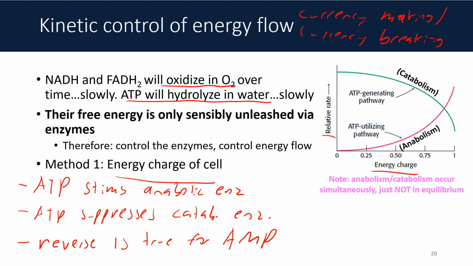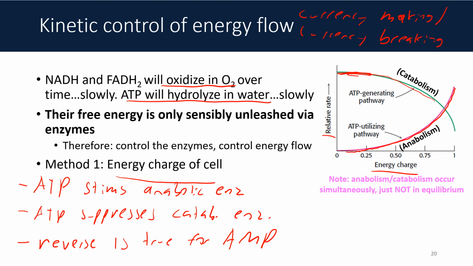When we have a lot of energy charge, anabolism takes over. We have energy to spare. Let's use this bumper crop to build some stuff. When ATP is depleted, we need to activate our ATP generating pathways via catabolism. And that is where we will reign supreme when we are energy starved.